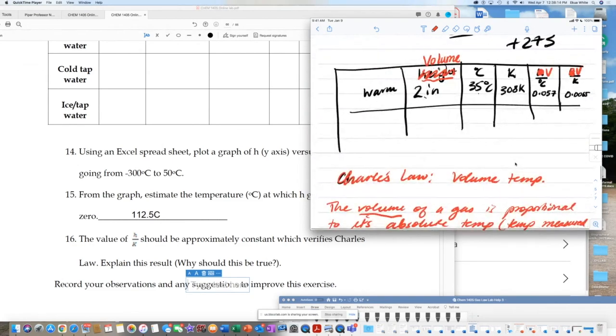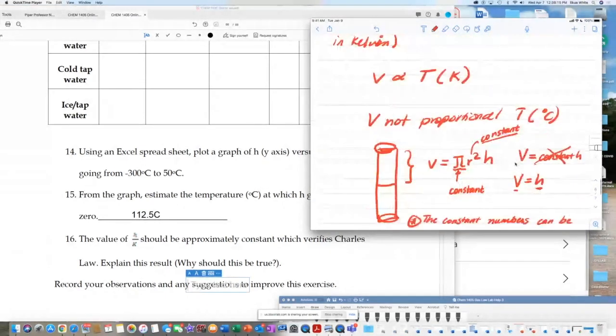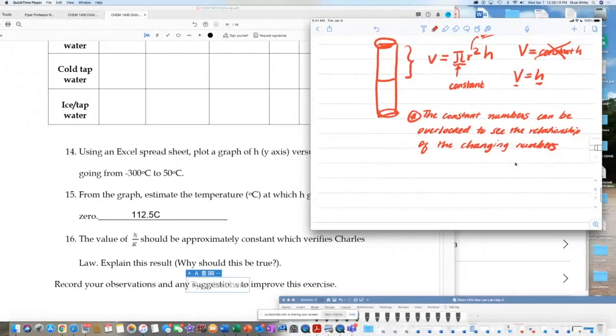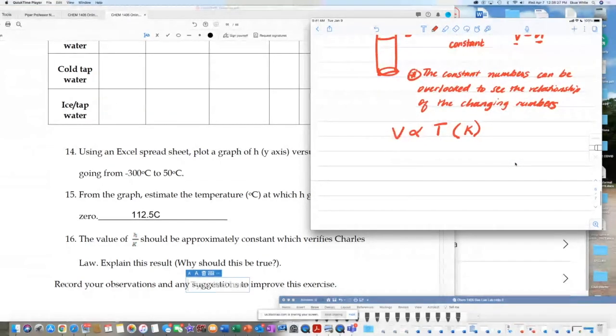Now, how can we look at this and see this is actually Charles' law? We're saying here volume is directly proportional to temperature as long as it's measured in Kelvin. What I didn't show you guys before is this is an expression. To make it an equation, this is what we do.